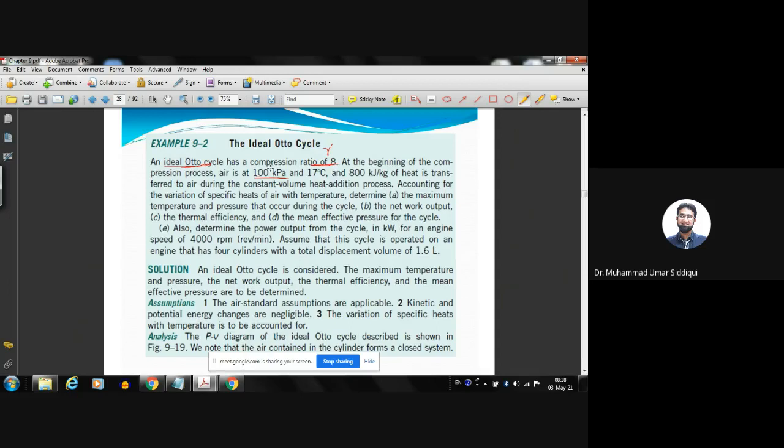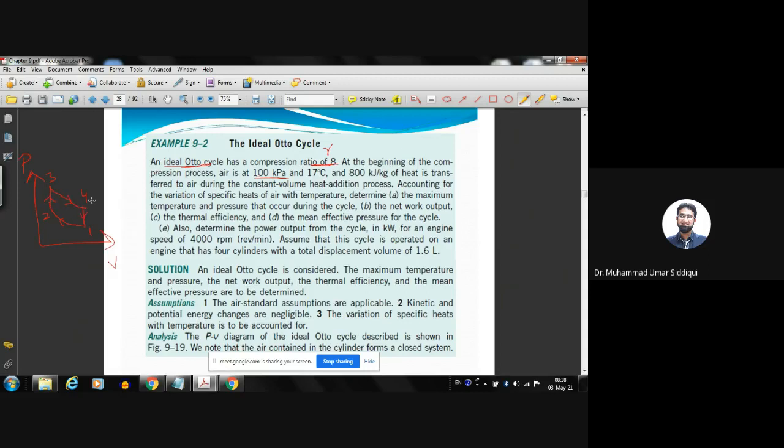At the beginning of the compression process, obviously, whenever we have to use the Otto cycle, the PV diagram would be very simple: two vertical lines, and then you just connect them together. So that's 1, 2, 3, 4.